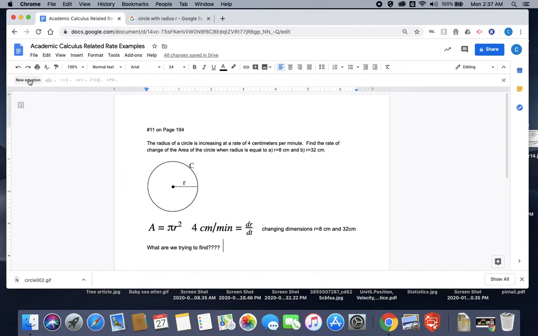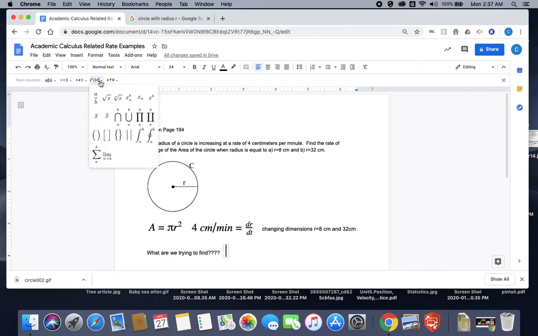Going to a new equation again, rate of change of area, as a calculus rate of change notation, we're going to call that dA over dt. And that's what we're looking to find. Put a equals question mark there.